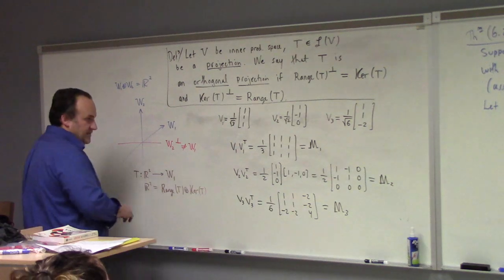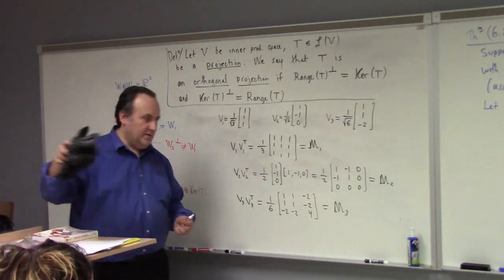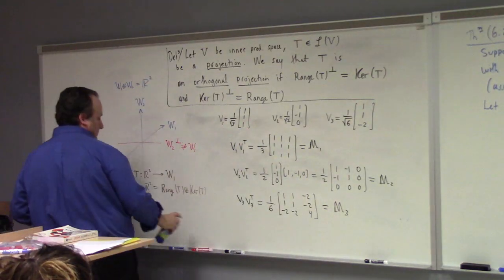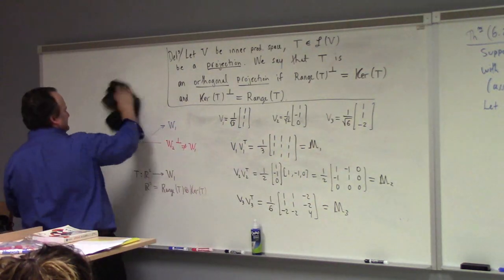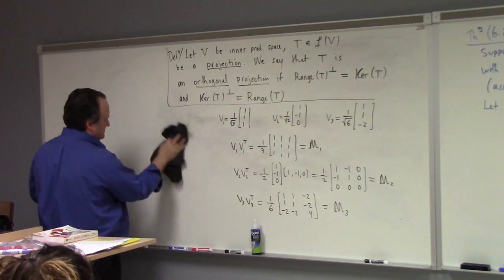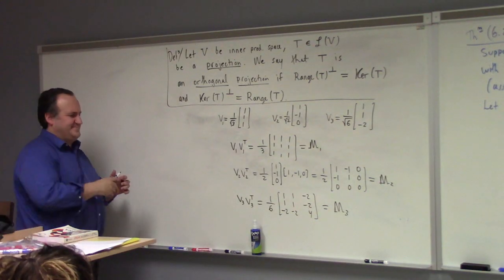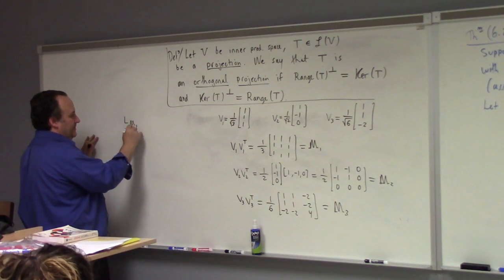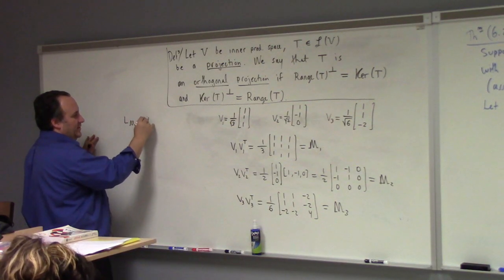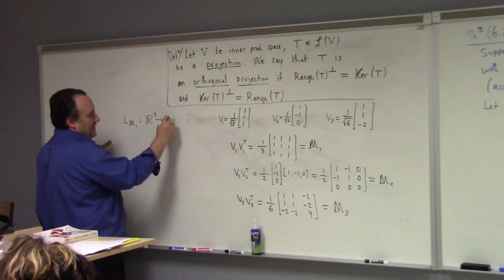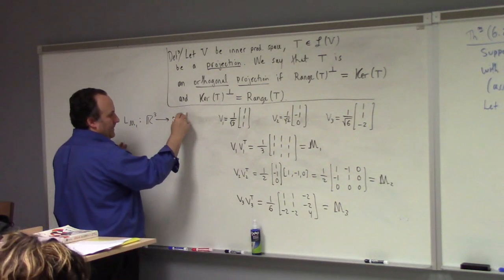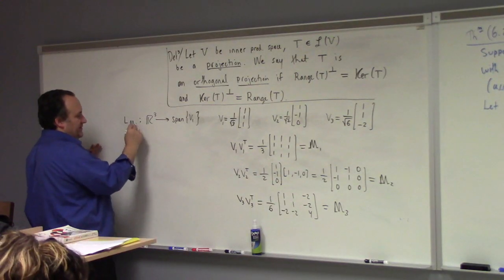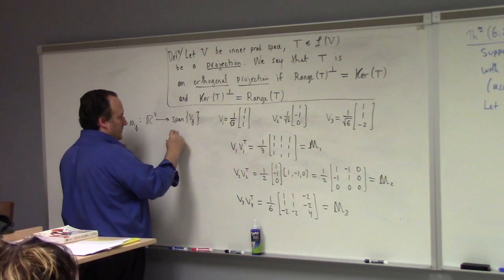I'm arguing, guys, that in fact, left multiplication by M1 is a mapping from R3 onto the span of V1.